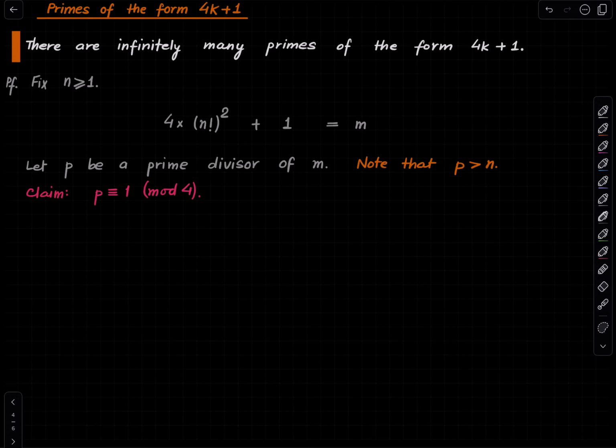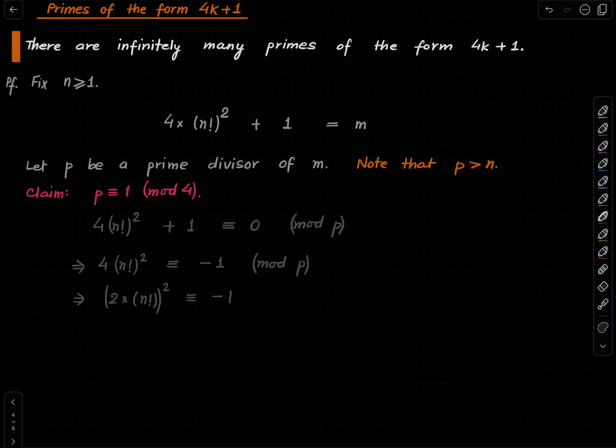So we have this number, this plus 1 is congruent to 0 modulo P, because P is a divisor of it, which implies this is congruent to minus 1 modulo P, which we will write as 2 times n factorial squared is congruent to minus 1 modulo P.